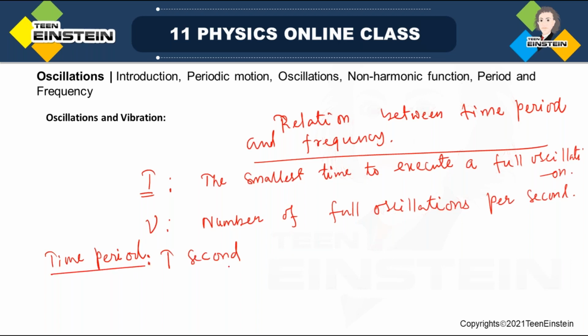So in 1 second, how many? So t seconds means one full oscillation in t seconds, right?